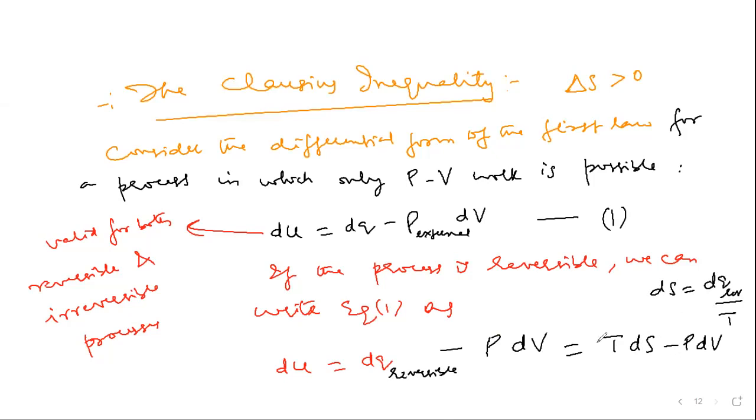Let me name it equation 2. Now, because U is a state function, dU is independent of the path, and equation 2 holds for both reversible and irreversible processes. Let me write it, because it gives me change in internal energy.